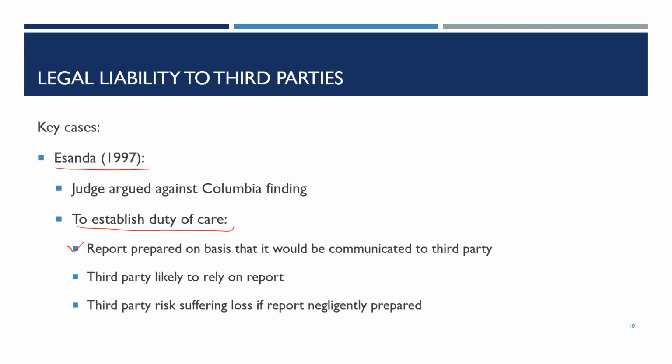Second, the report was likely to be relied upon by the third party. Third, the third party ran the risk of suffering a loss if the report was negligently prepared. The judgment in this case provided some relief for auditors, as it made it far more difficult for a third party to establish that a duty of care is owed by the auditor.